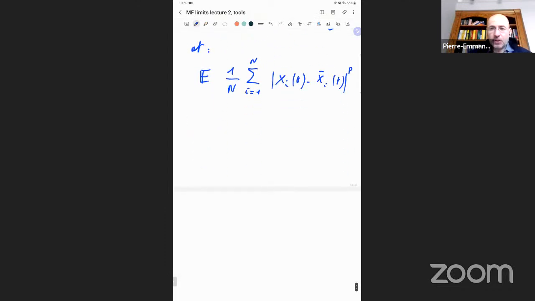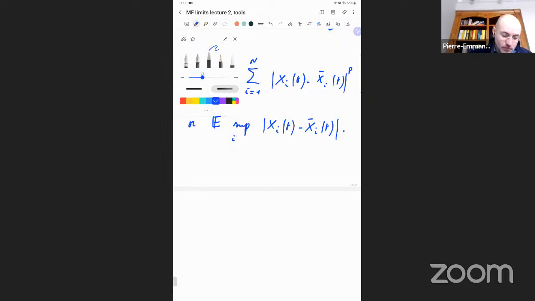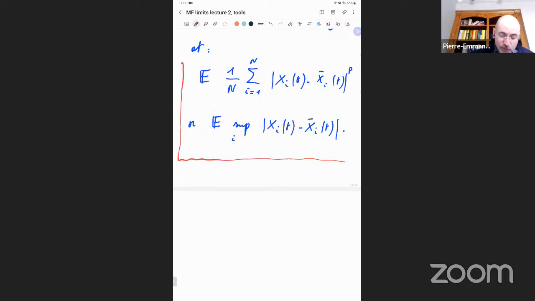And if you take p to infinity, you can take a 1 over p inside, you can take a 1 over p outside. So you could also have something like this, the sup over i of Xi t minus Xi bar t. So this is a relatively simple idea, and this is the first method that we'll try to implement tomorrow.